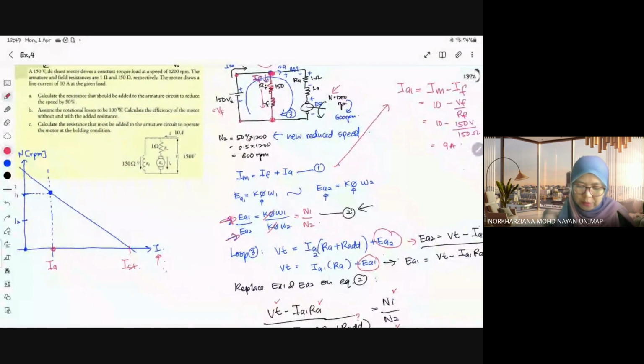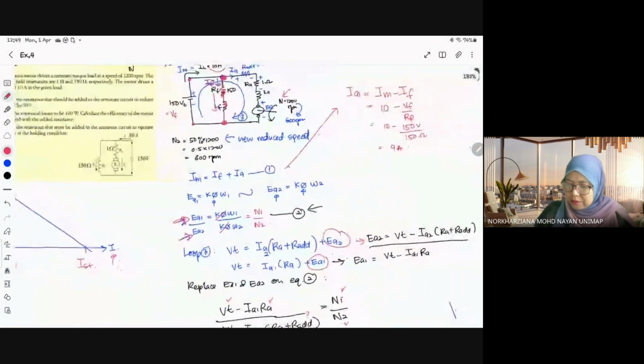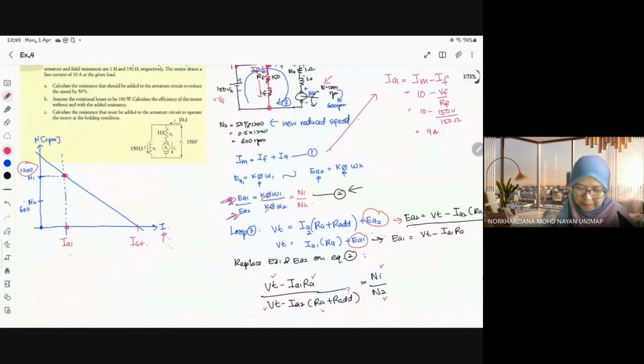Says that with 1200 here, okay, with IA1 9 ampere. Okay. So agak-agak IA2 berapa? Any guess?